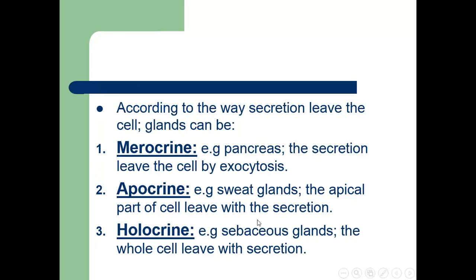And here, as we said, we have the sebaceous gland, and this type of secretion, holocrine secretion, is sometimes associated with blockage of the duct. Does it make sense? This gland blocks the duct more than the apocrine and the merocrine. Why?